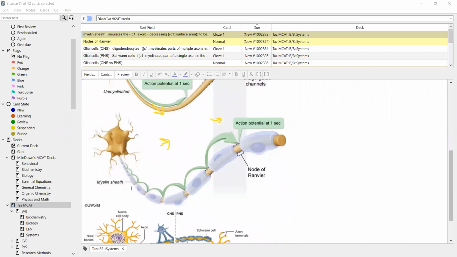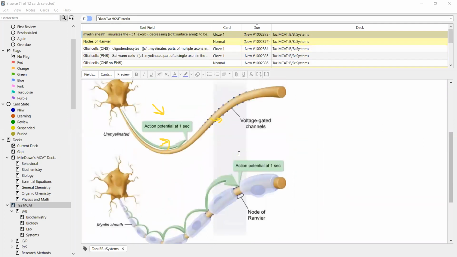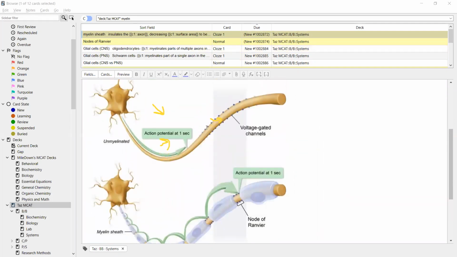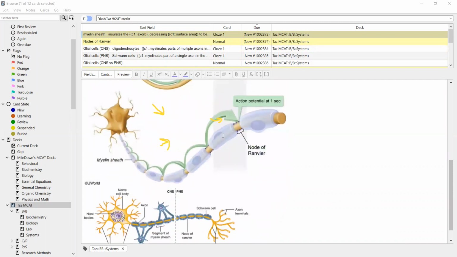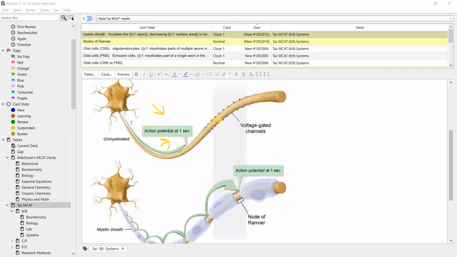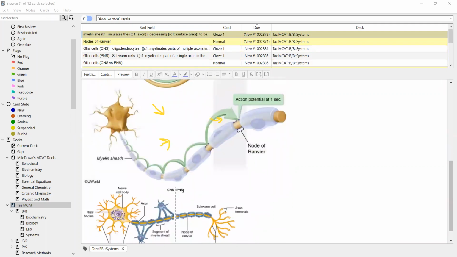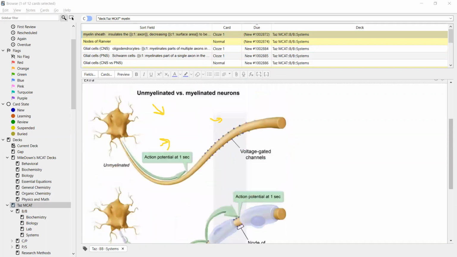However, in a myelinated neuron, instead of traveling down straight, it actually jumps. It jumps because the insulated parts, you can see over here, we have some voltage gated channels, and that's what's allowing the action potential to happen. But at the myelinated parts, there are no voltage gated channels. So the signal is forced to jump, jump, jump. It's almost like the signal is skipping. You can think of it as the signal just walking down the axon versus the signal skipping and hopping. When the signal hops, it goes down faster.